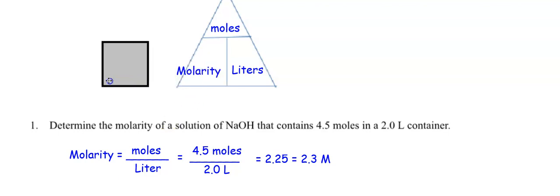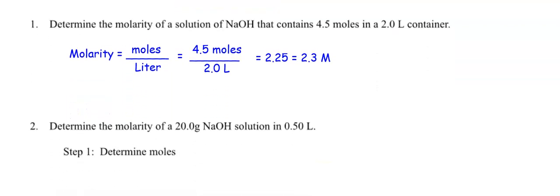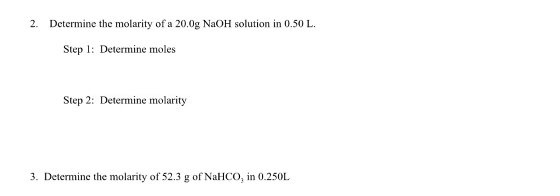Well, let's now look at the next question. In number 2, it says to determine the molarity of 20 grams. Grams. Why is this so important? Because if you want to know the molarity of a solution, you don't go into the lab and measure out moles. There's no such thing as a mole meter.